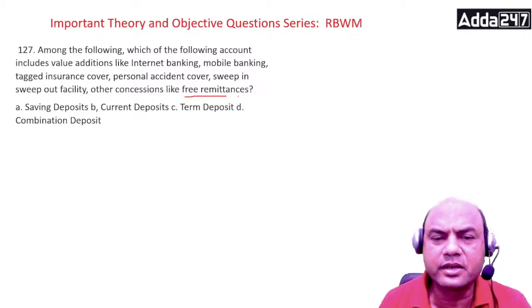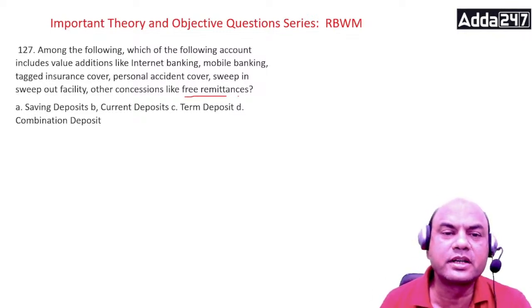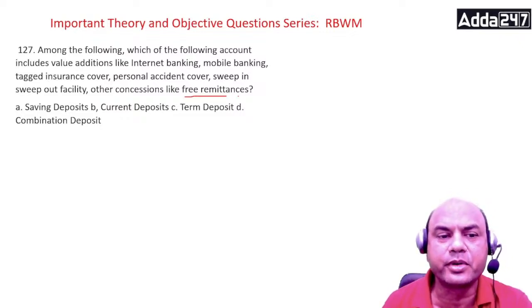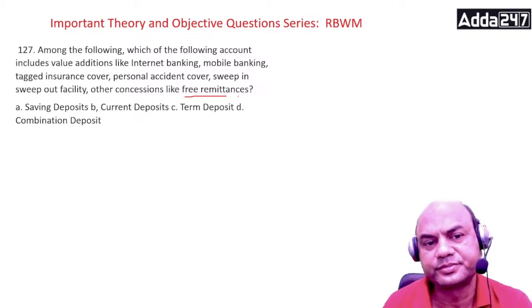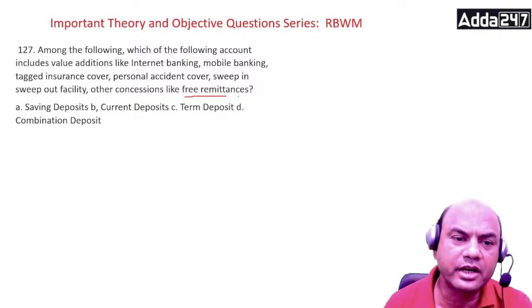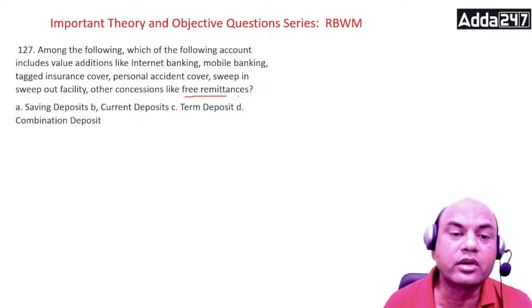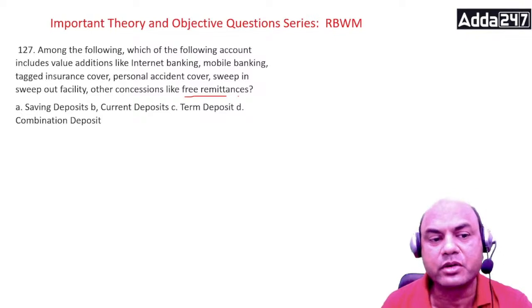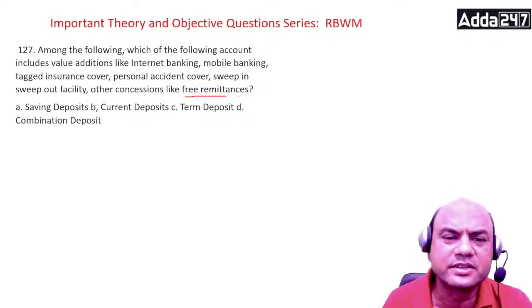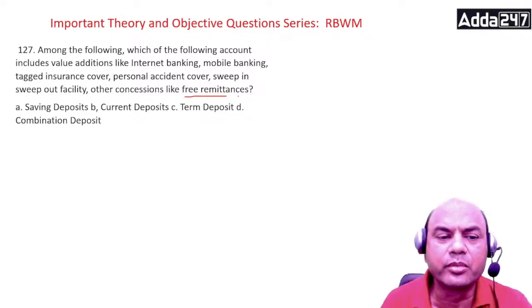What is a combination deposit? A combination deposit is called a sweep in, sweep out. It is a combination of term and OD actually, not savings. So which account will have value additions like internet banking, mobile banking? You can definitely see this, isn't it?